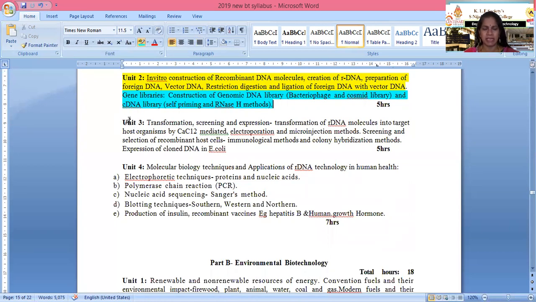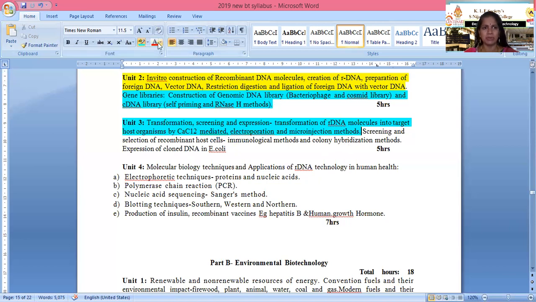So under unit 3 you are going to understand transformation, screening and expression. Under transformation of recombinant DNA molecules into target host organisms, you are going to study only these methods in your syllabus: calcium chloride mediated gene transfer, electroporation and microinjection methods. All this comes under transformation.